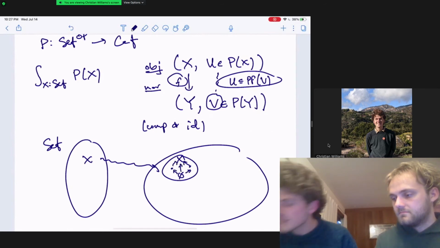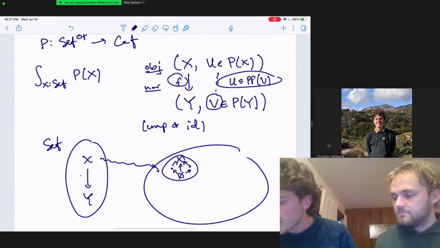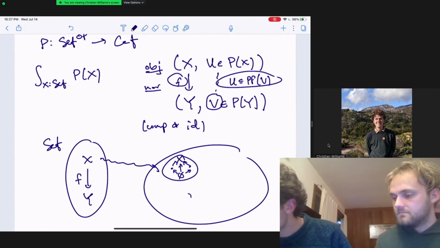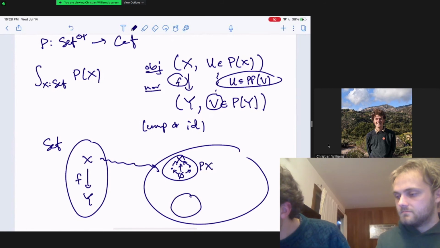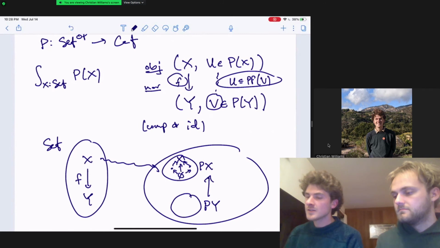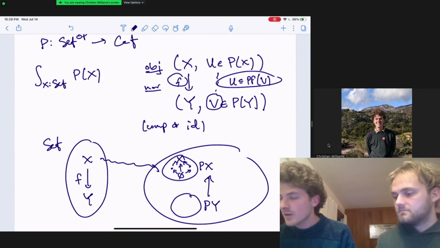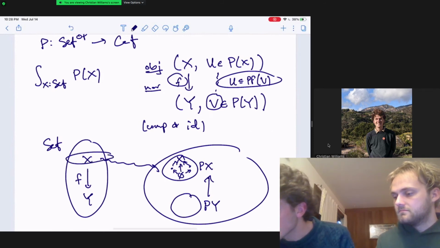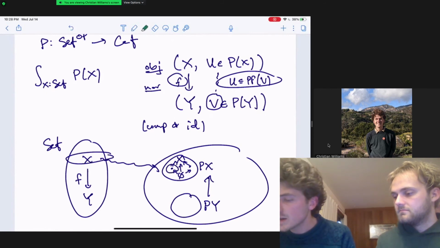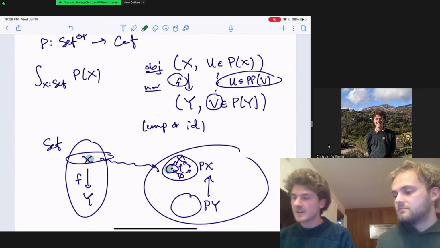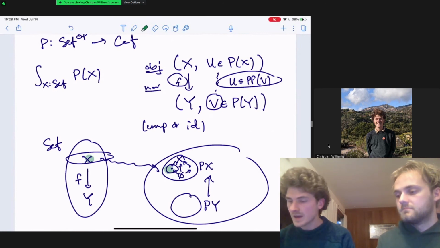And for every function, you get these nice maps between them. And all we're doing is taking a big union. When the images are themselves categories, you need to do this pairing and this way of relating pairs.